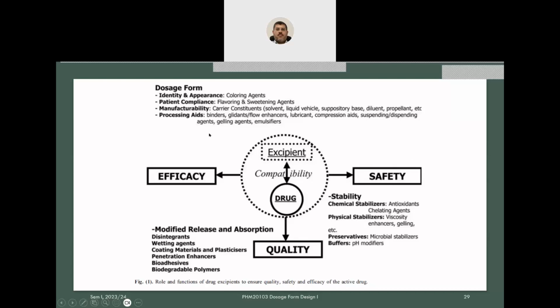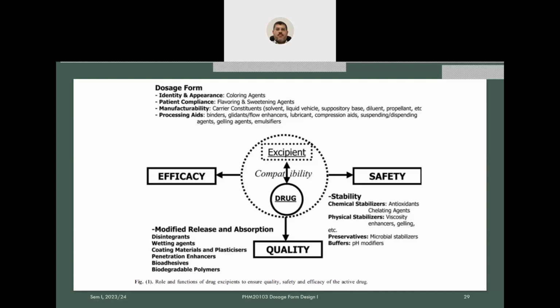These excipients, there are a lot of different types of excipients that can be used. As we mentioned in the dosage form, I may use some coloring agents, and the stability of the coloring agent affects the appearance and identity of the dosage form.